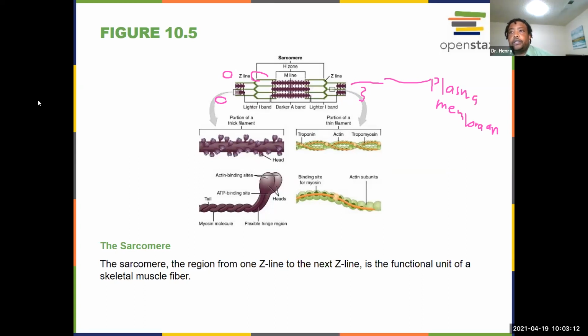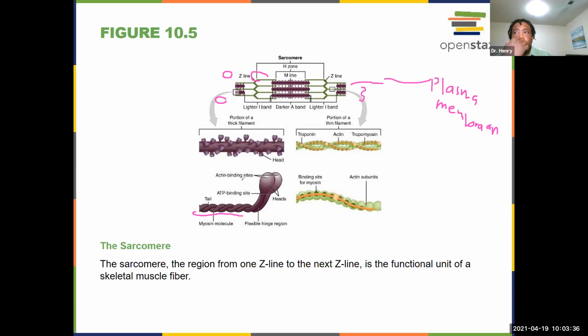So this is the structure down here. This is the myosin tail, and this is your myosin head. Myosin actually binds to actin. Actin acts like little chains for the myosin to roll across.